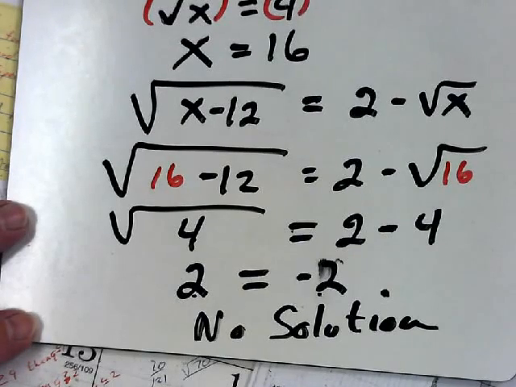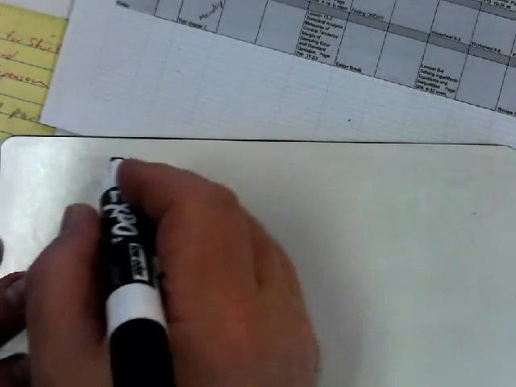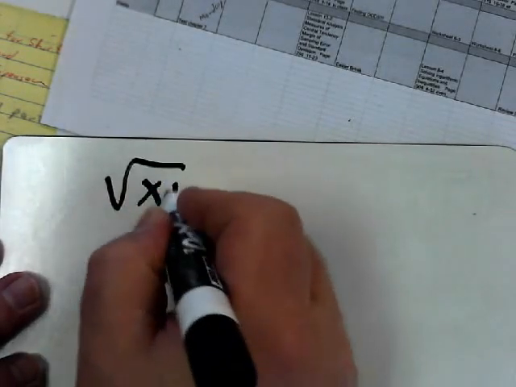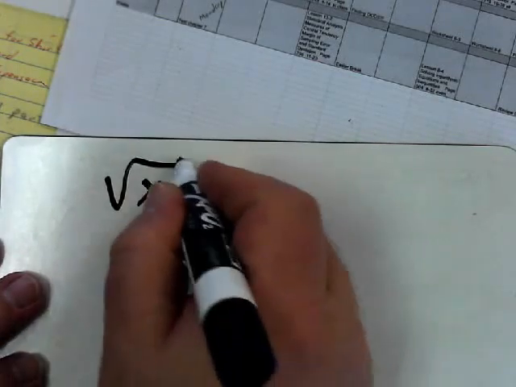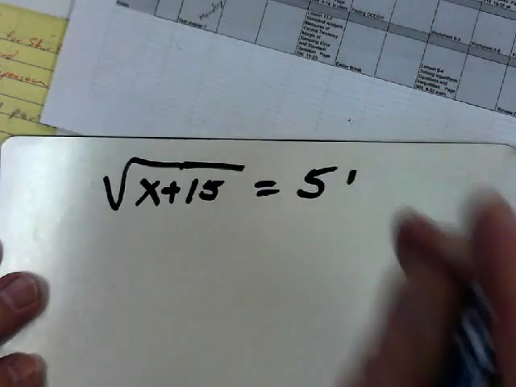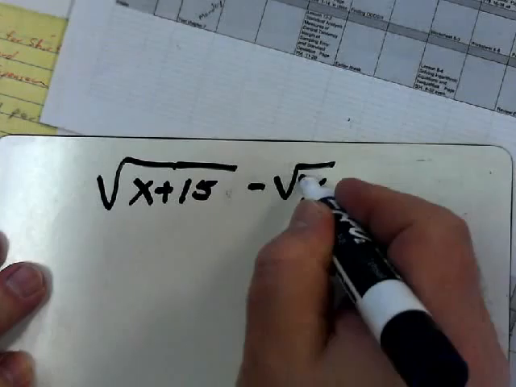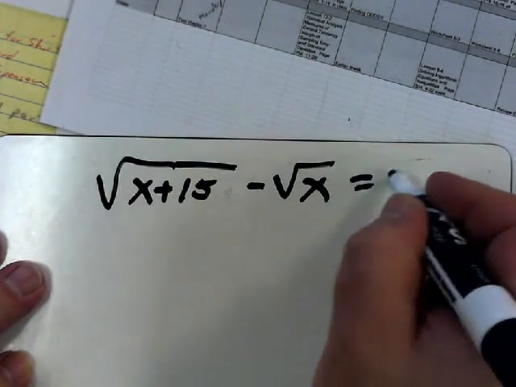Okay? Let's do another one. Another one like that? Okay. So we would have x plus 15 equals 5. Now let me change it a little bit here. Minus square root of x equals 5.